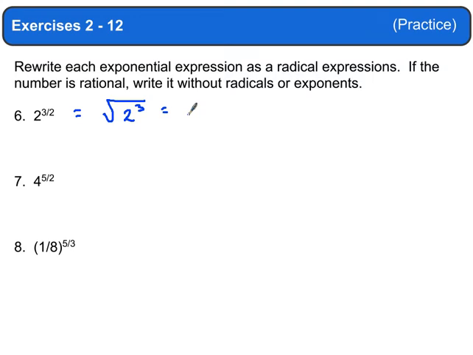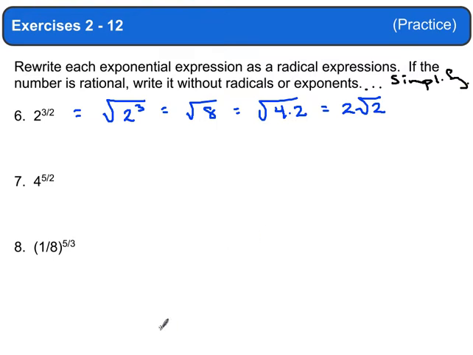So 2 to the 3rd power, 2 times 2 times 2 is 8. So, if you remember, we could break this up into a 4 and a 2. And so the square root of 4 is 2, so we went to 2 square roots of 2. So really they want us to simplify these. So we'll add a little note, dot, dot, dot.